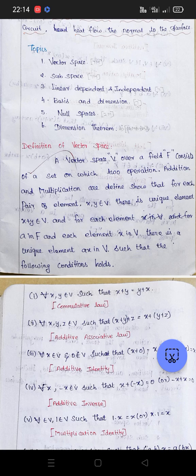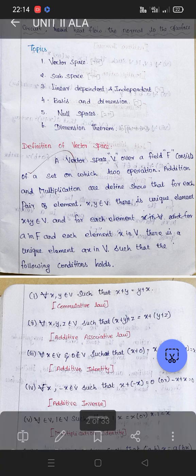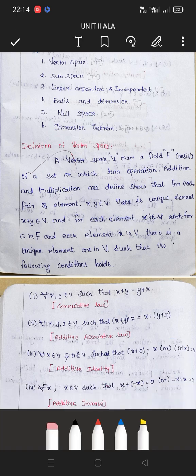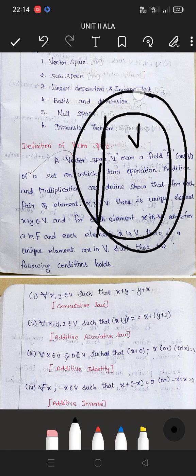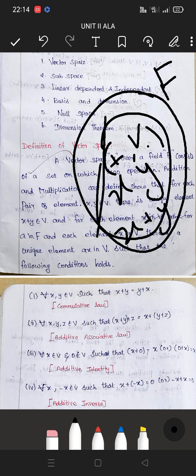Clearly you can note that V is a vector space over a field F, and x and y are two elements in V. Performing the operations of addition and multiplication, x plus y also belongs to V, and with a belonging to F, a dot x also belongs to V. Can you clearly understand?